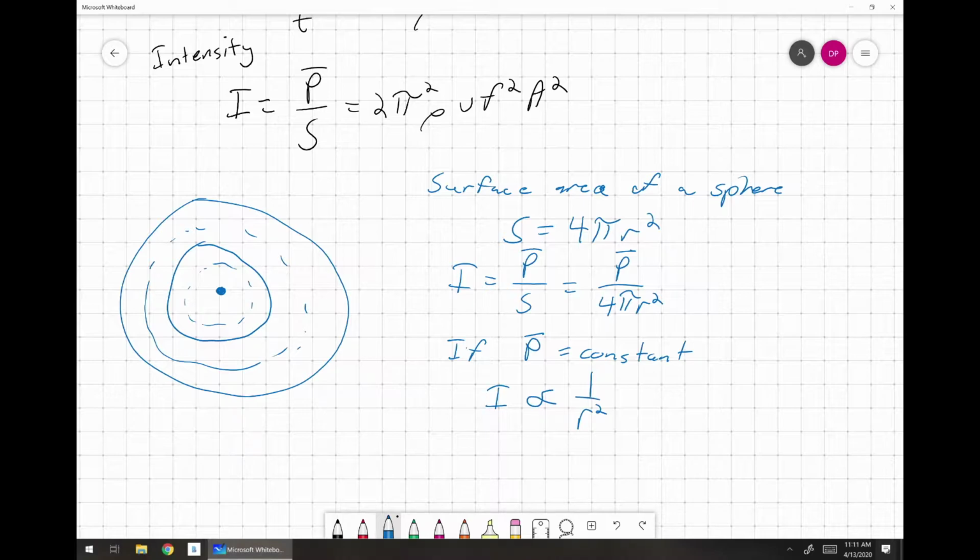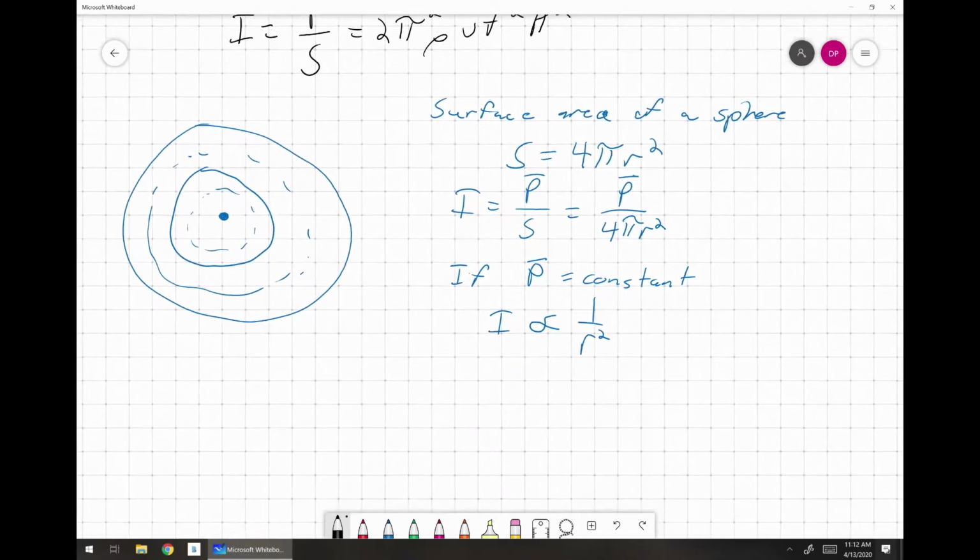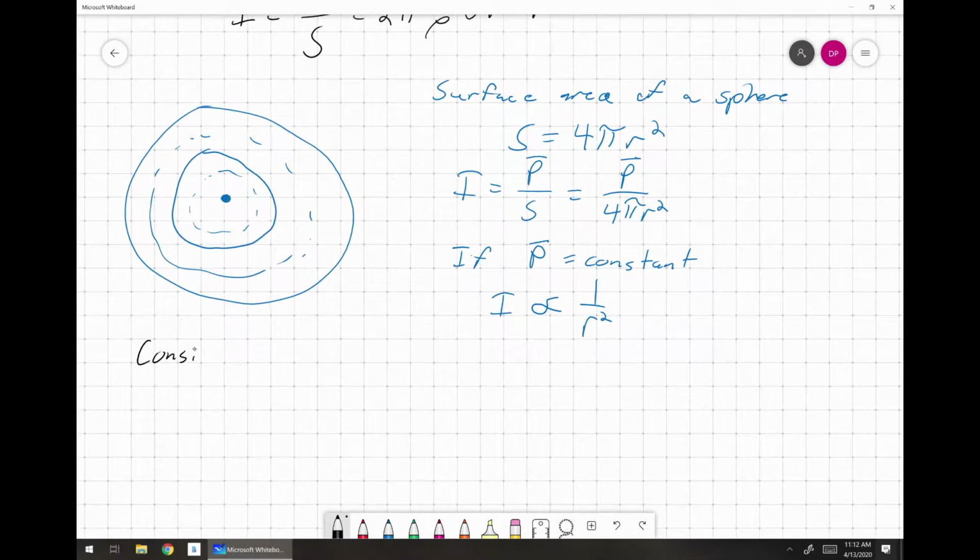So what this means is if we consider 2 points that are different distances away from the source, R1 and R2, then we can look at this ratio of intensities.